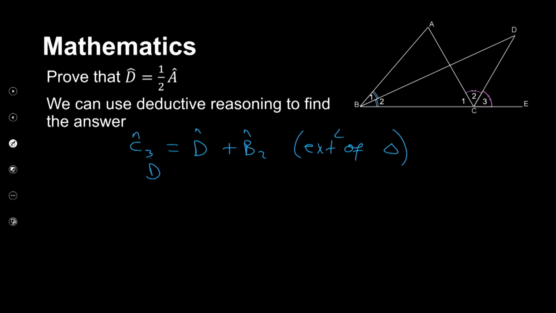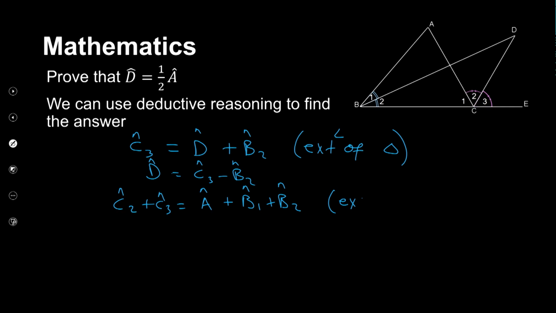And then I will say D is equal to C3 minus B2. And then also, what do I know? I know that C2 plus C3 is equal to A plus B1 plus B2, right? And this is also an exterior angle of a triangle.